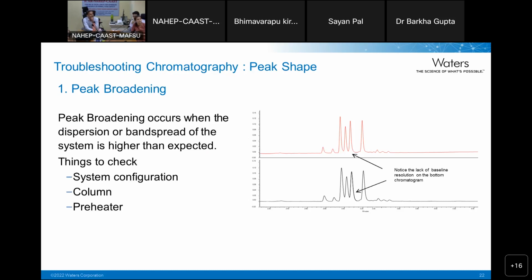Things to check: the system configuration. If anything has changed in the system as compared to the previous experiment, you can check that. Is the column the reason for that broadening? Or if there is a preheater connected for the column, is it functioning properly?